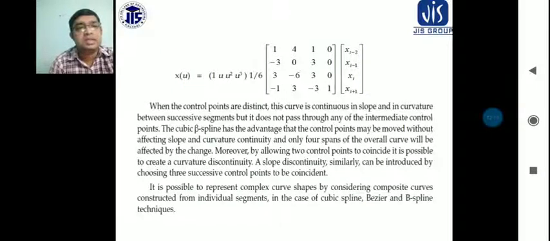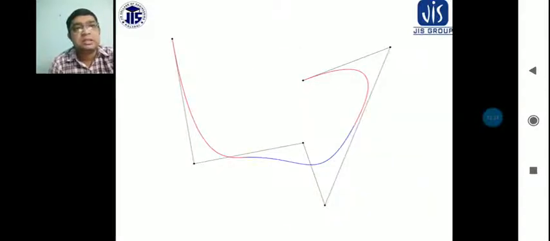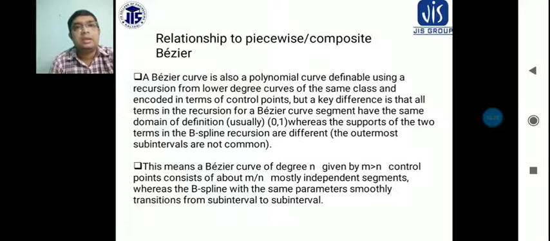The previous classes already discussed the Bezier curve, and this technique is also considered here for the cubic case. Now the relationship to piecewise composite Bezier. A Bezier curve is also a polynomial curve definable using a recursion from lower degree curves of the same class and encoded in terms of control points.